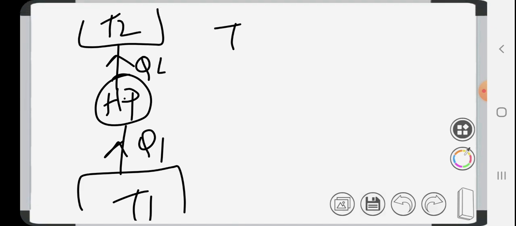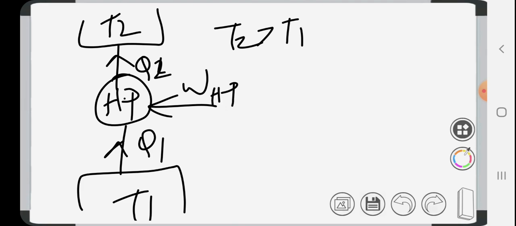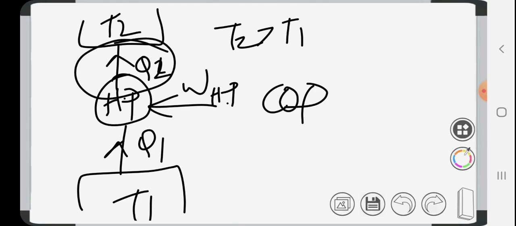You have to remember T2 will always be greater than T1. Okay, you must remember that point. Here also work is added, work in case of heat pump, WHP. Therefore, our desired effect is this one. Q2 is the desired effect. We are not bothered about cooling a space. We are bothered about heating a space.